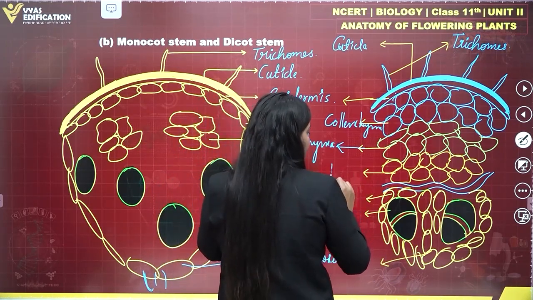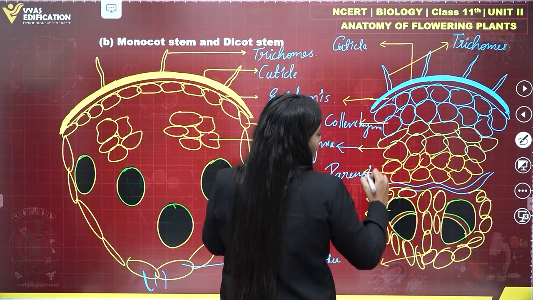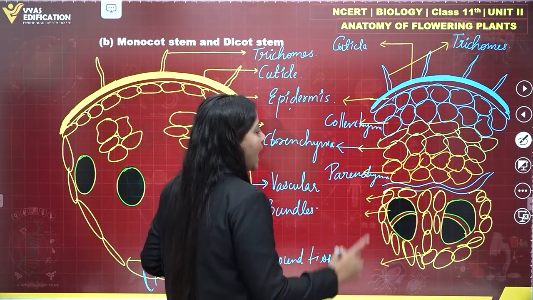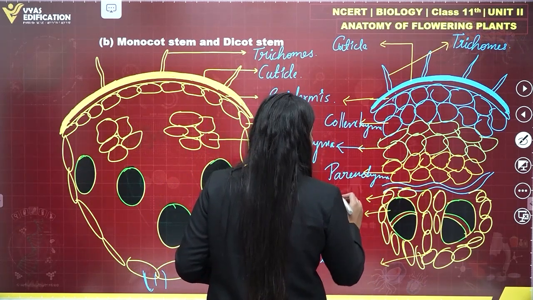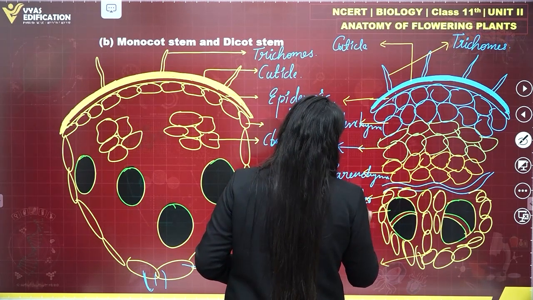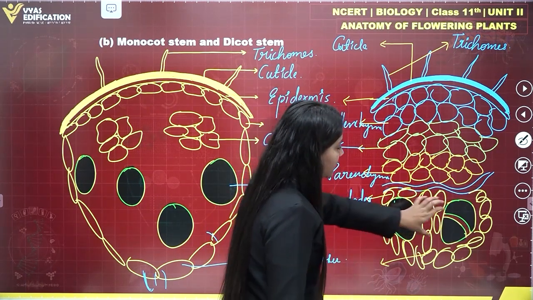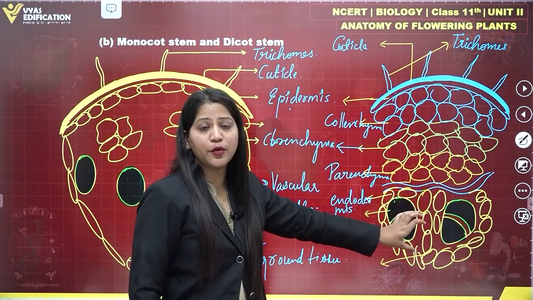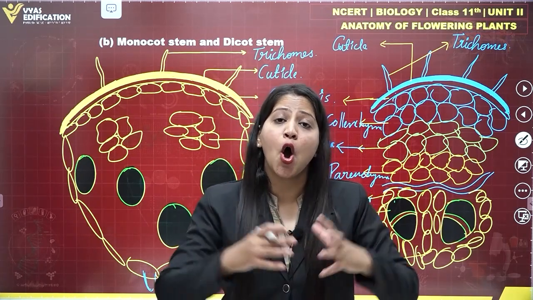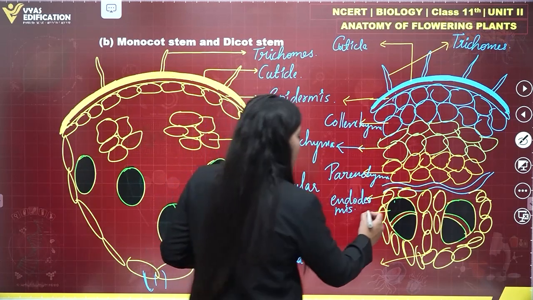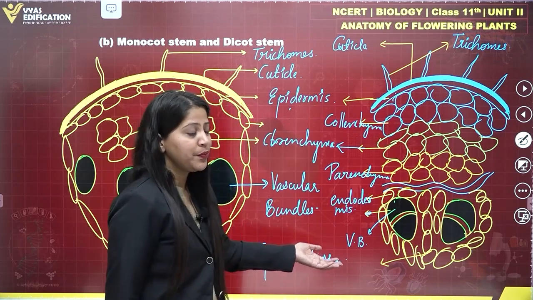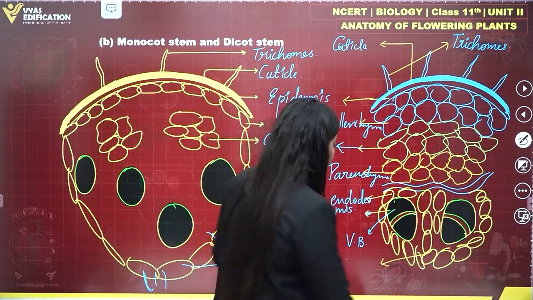Then we have a layer of parenchyma, which is a living tissue that stores food. Then we have endodermis. These represent vascular bundles in the dicot stem, which are present in a ring arrangement. I'm writing VB, vascular bundles. Then this is your pith.